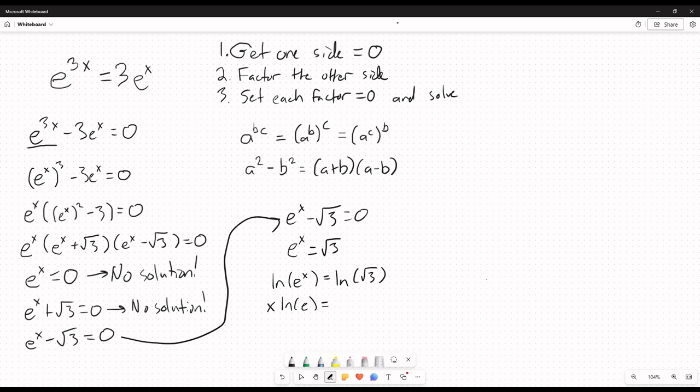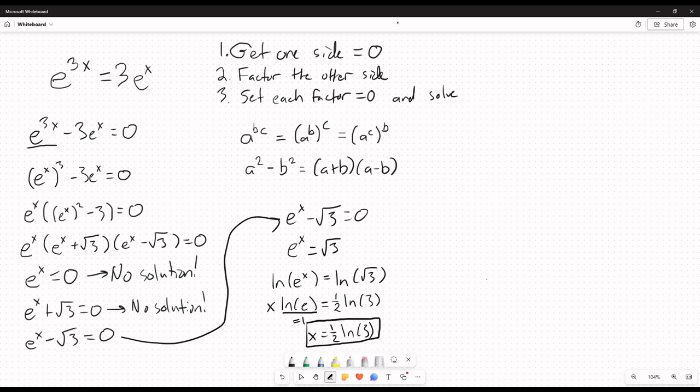And actually we can do something similar here. Square root of 3 is just 3 to the power of 1/2, so we can write that as 1/2 natural log of 3. And now we'll observe natural log of e just equals 1. So this is just saying that x equals 1/2 natural log of 3. And that is our final answer.